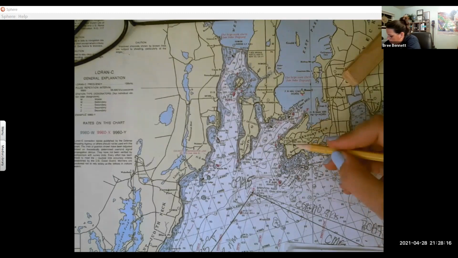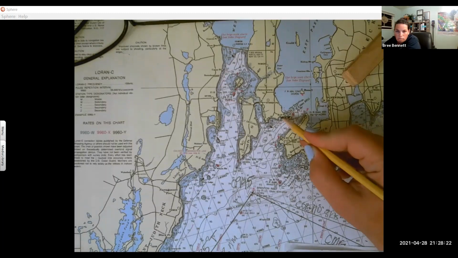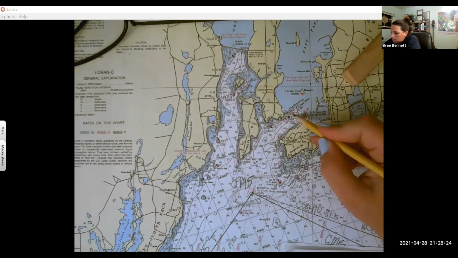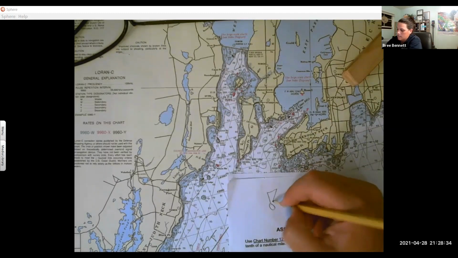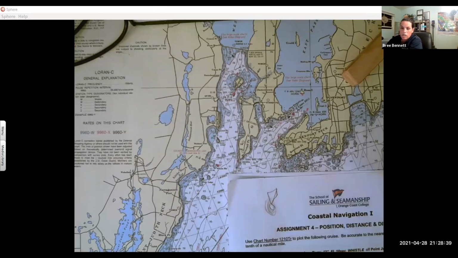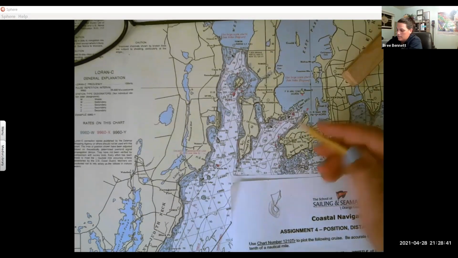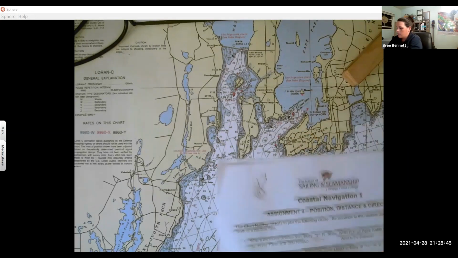We're going from Breton Reef to buoy 11 near Bull Point. So here's Bull Point, and our buoy 11 is this green buoy with the light. It has a light on it, so it's the buoy that has the diamond color, or the magenta stamp on it, because it has a light. So that's the buoy that we're going for.